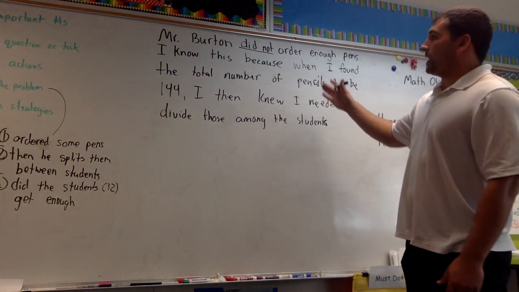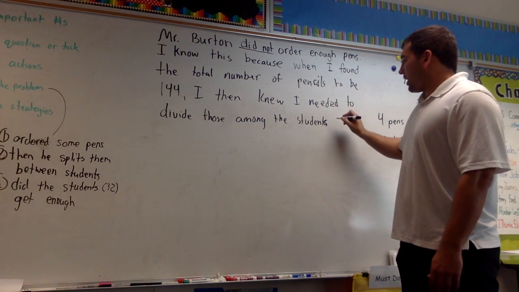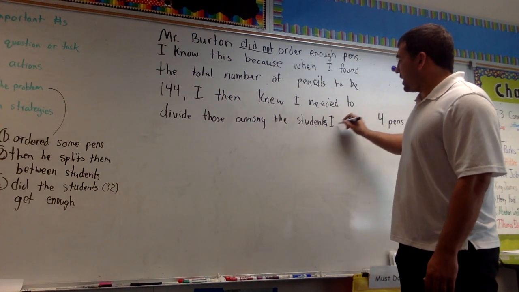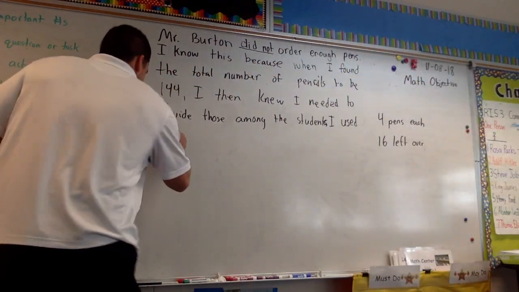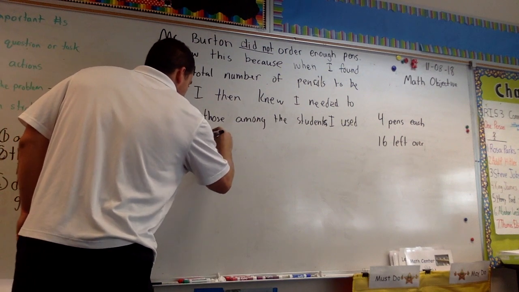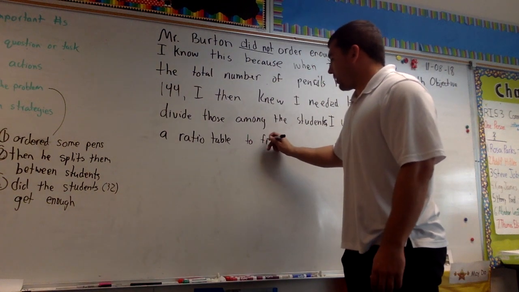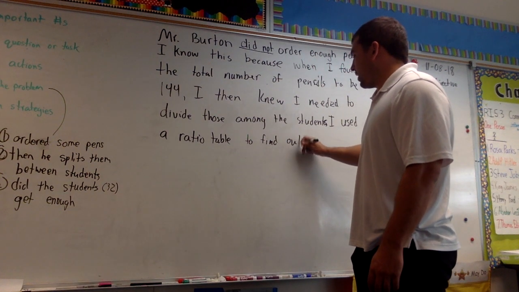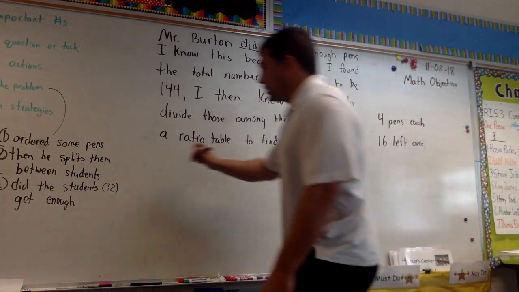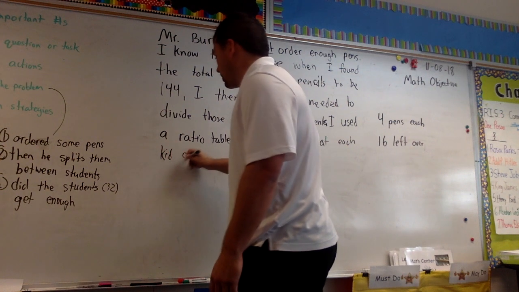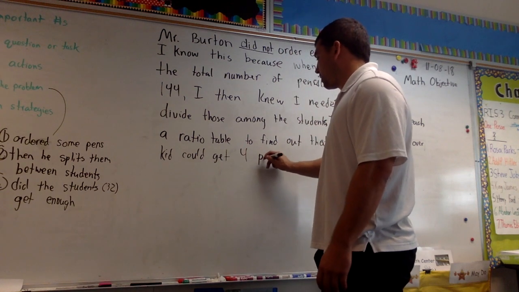Okay, so I told you what I did. I took the number of pencils, 144, and then I divided them among the students, okay? I used a bunch of strategies, but let's say I used a ratio table to find out that each kid could get 4 pens.